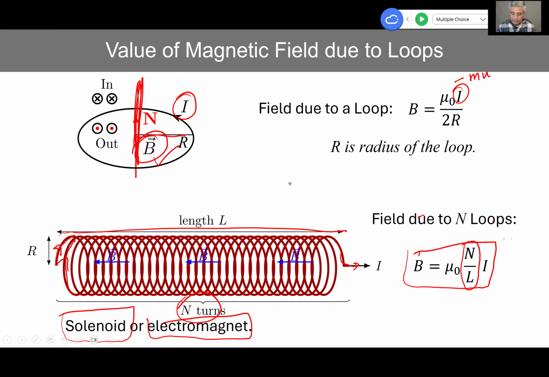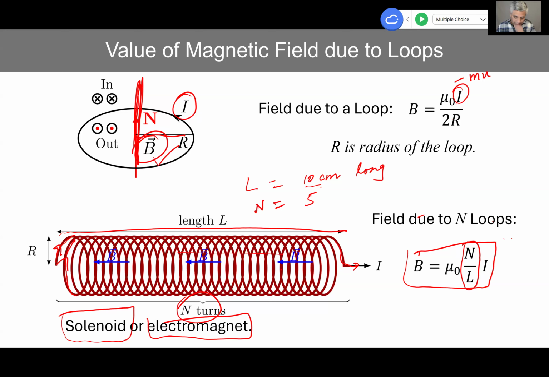So for example, let's say the length is 10 centimeters, and let's say we have 5 loops. So how many total loops are there in 10 centimeters? Let's say 5 loops, for convenience.